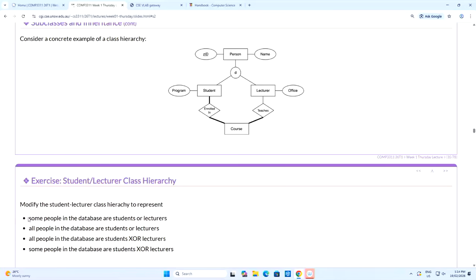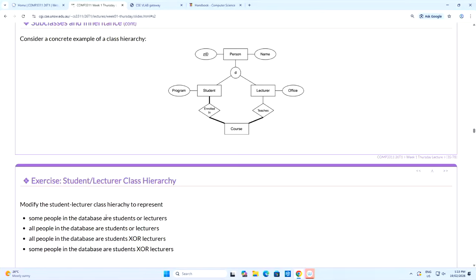So the first one says, what if we want to make some people in the database students or lecturers? When we say students or lecturers, in computer science, or means and/or.